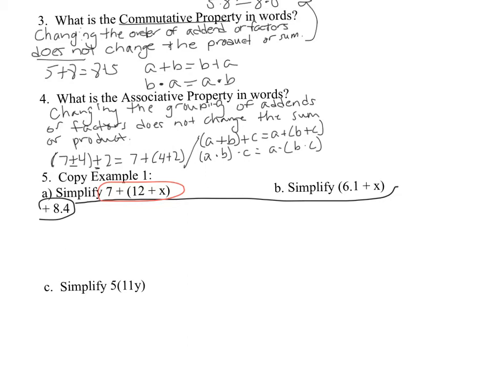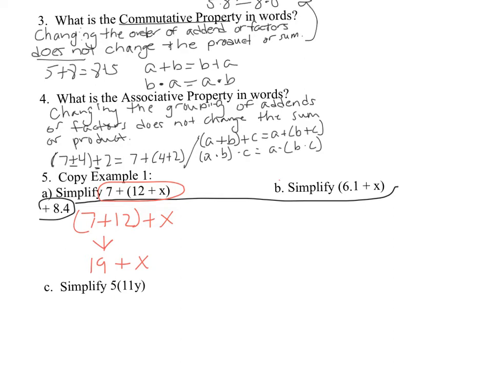Okay, well, if we were to simplify that, we could use the associative property of addition, where 7 plus 12, put that in parentheses, okay, plus x, and 7 plus 12 we know is 19, and we'd still bring our x down right here, plus x. So we simplified that by combining our like terms of 7 and 12. Okay, so that's how we simplified it.